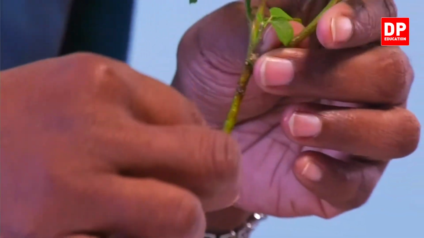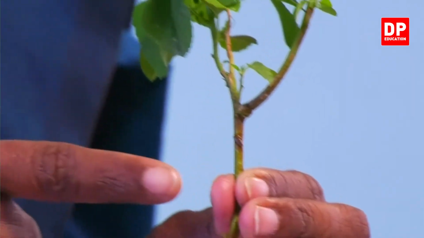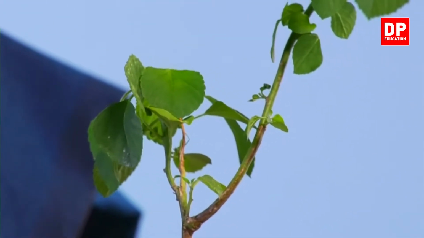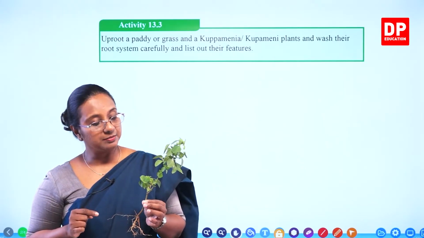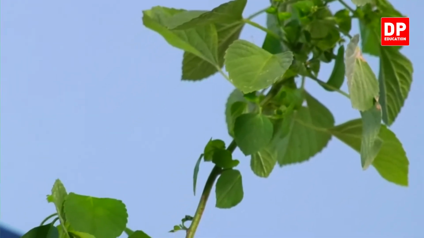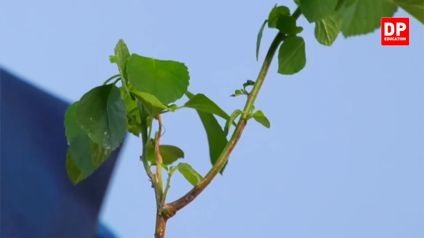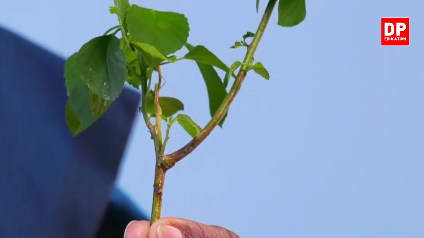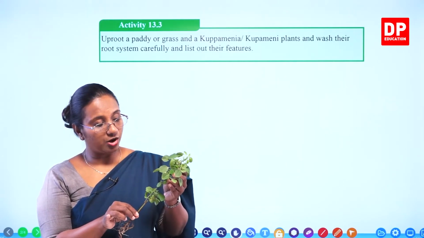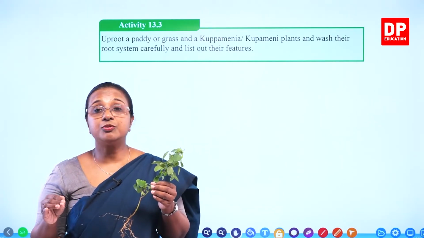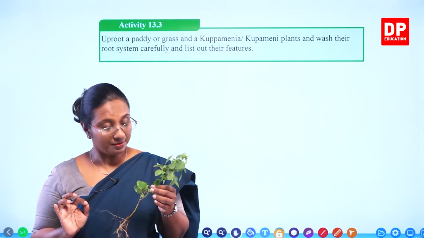Then if you look at the stem, now here you can see the stem is branched. There is a branch here, then you can see some other branches. This is a very young plant, students, so that's why you can't see a lot of branches, but in a somewhat grown plant you will see more than one branch.